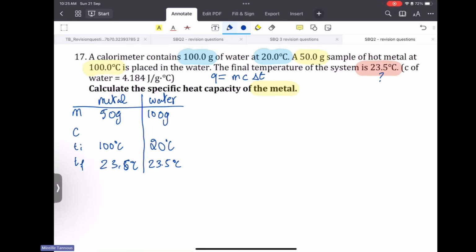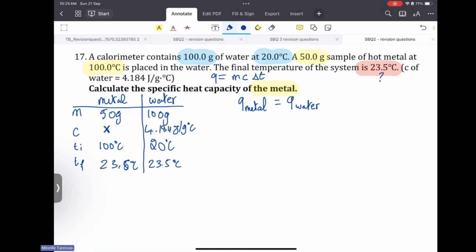Now, the specific heat capacity of water is 4.184 joule per gram Celsius. And this one, I'm going to write it as X. So that is the one missing. We will use the formula Q metal equal Q water.